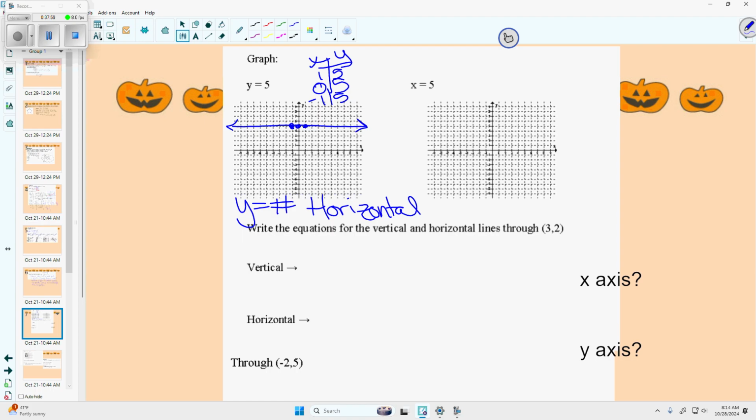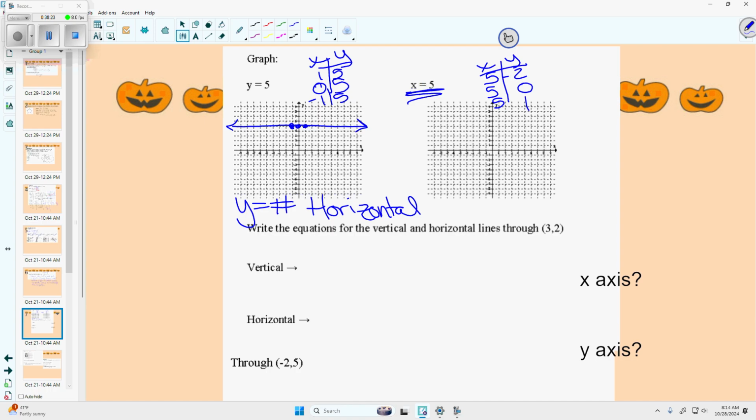What about a vertical? Well, it's going to stay the same all the way along a vertical. The next one, absolutely, because what does x always have to be? What does this tell me x has to stay? 5. Give me some y's that it could be. What could 5 be matched up with? Negative 2, I heard. 0, 1.